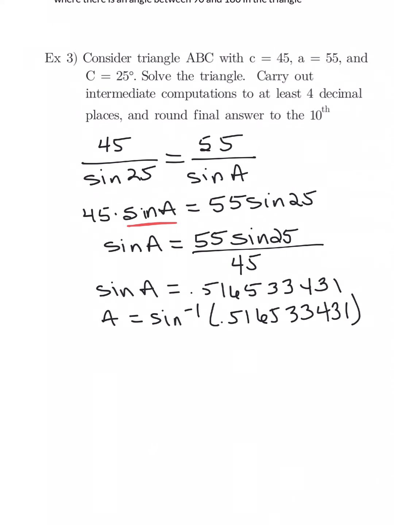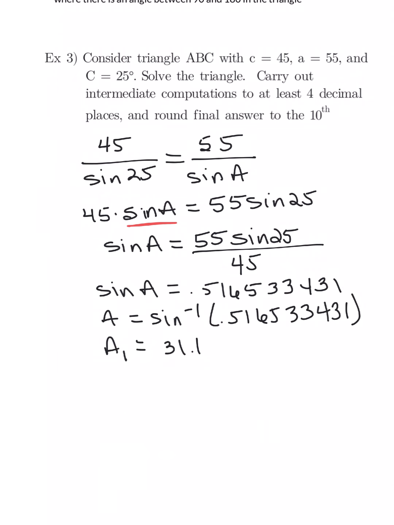So you can put that in your calculator, and in so doing, you should get 31.1, rounded to the 10th as our directions say. So that is our first possibility. Because it's my first possibility, I call it A sub 1. This is the first triangle that we could have. What we're going to do later is see, do we also have a second triangle?